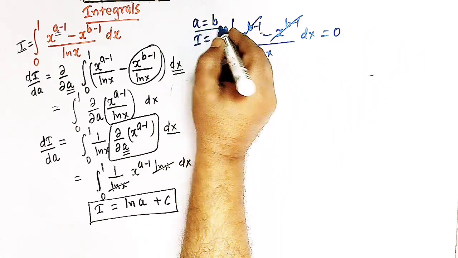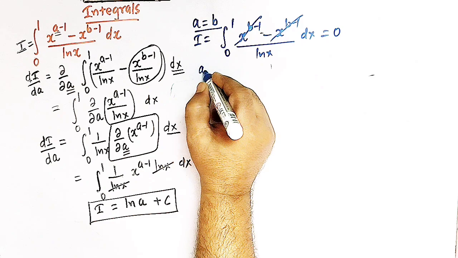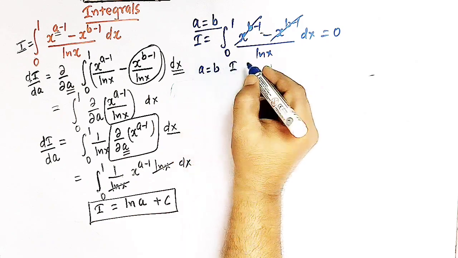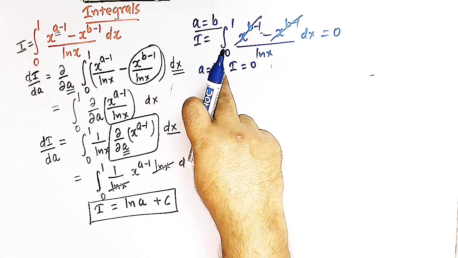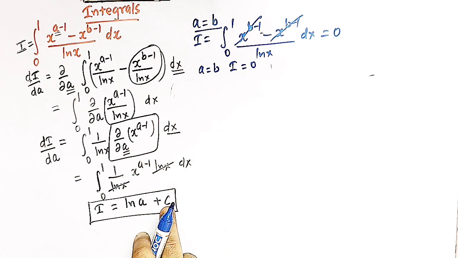So now we have this condition, that is when a is equal to b, then the value of I is equal to 0. So now let us make use of this condition to get the value of c.